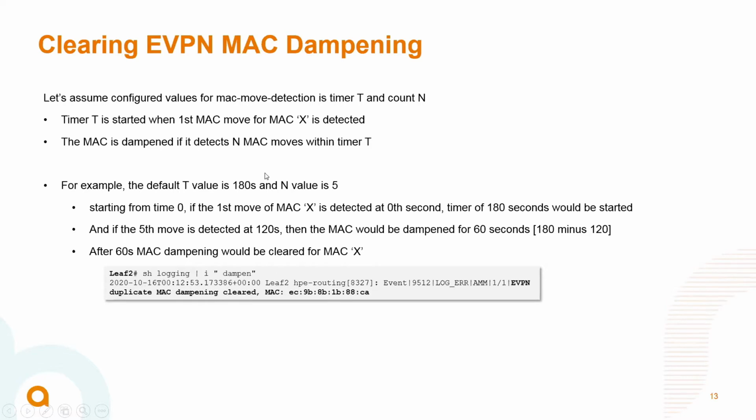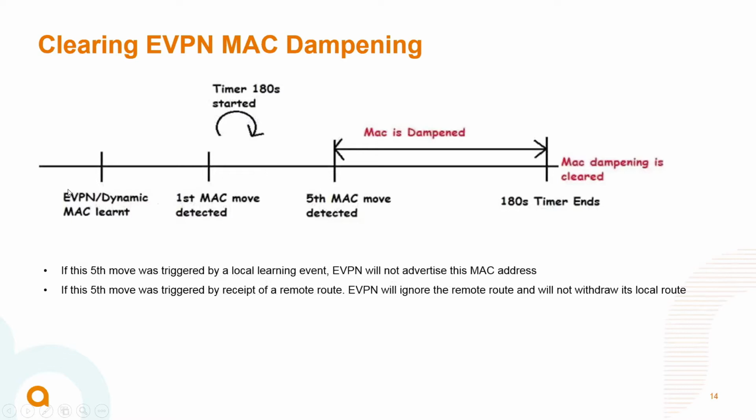To understand it better, this is the timeline. Let's say an EVPN MAC or a dynamic MAC is learnt on a device, and for this device, the first MAC move got detected at this point of time. As soon as the first MAC move got detected, the timer of 180 gets started here. After some time, let's say the fifth MAC move was detected for the same MAC.